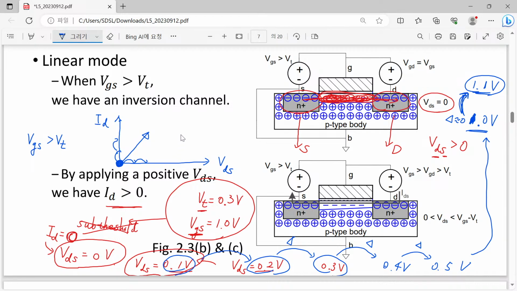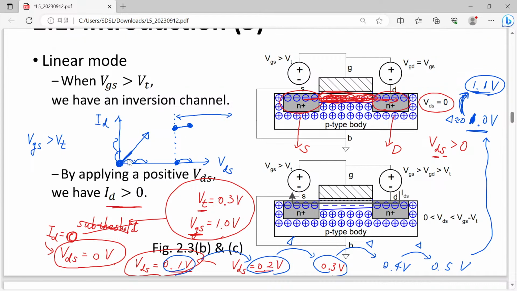However, what I wanted to say is that if you have applied already quite high drain voltage, then even when you increase your voltage further, the incremental drain current would be very small compared with the lower drain voltage case.